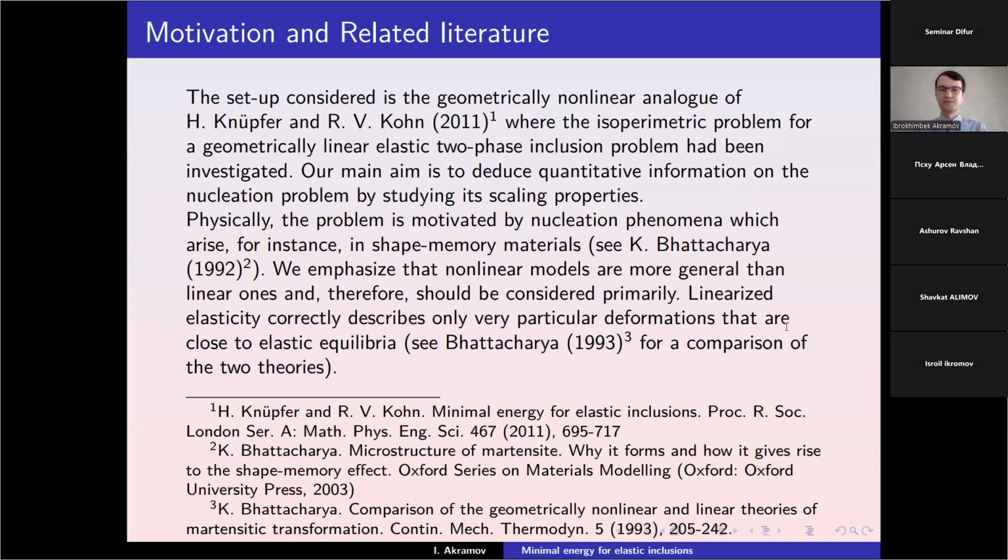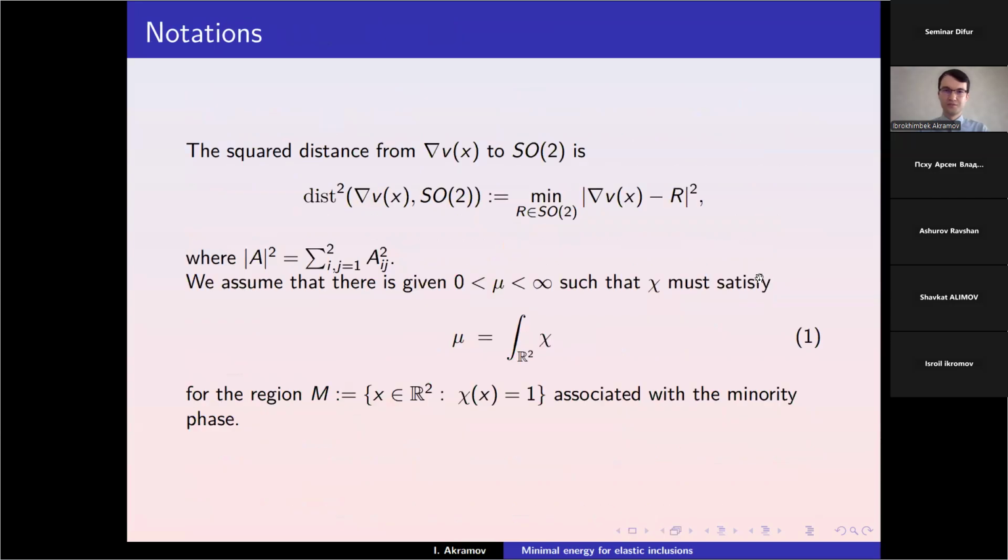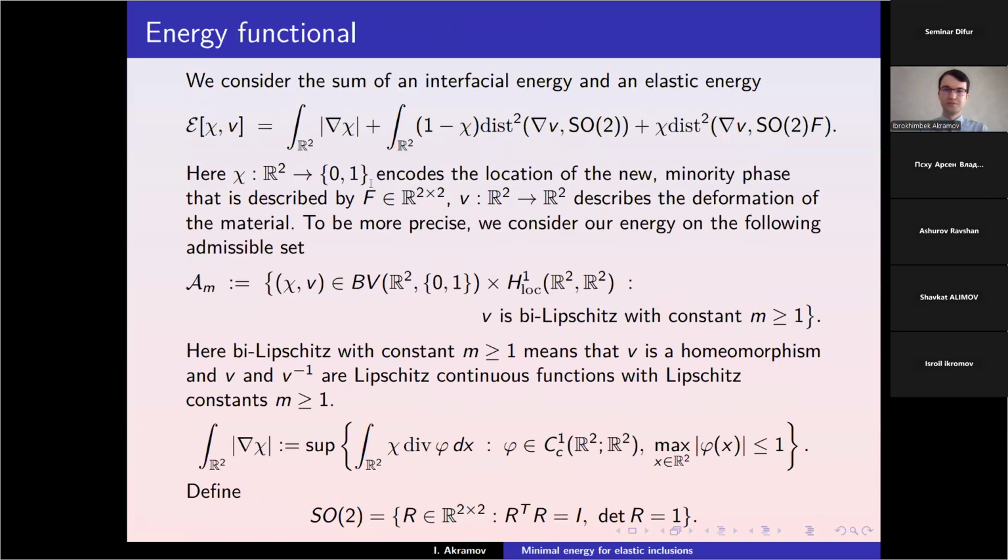Sorry, can you show the previous slide? Yeah, this one. This chi, you say it is about the interfacial energy. It means that there are two phases, two kinds of materials, and there is a boundary between them, some surface.